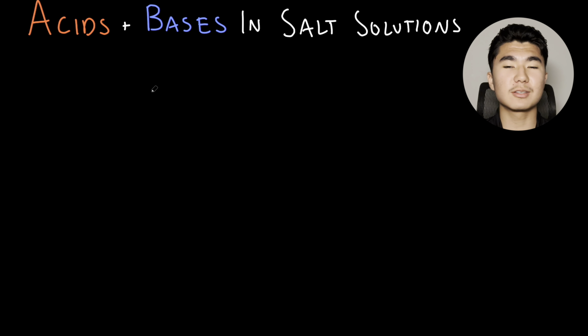This is what occurs in a basic salt solution, because our acid is weak. When we have a weak acid, it doesn't dissociate completely, so we're going to have a stronger base.